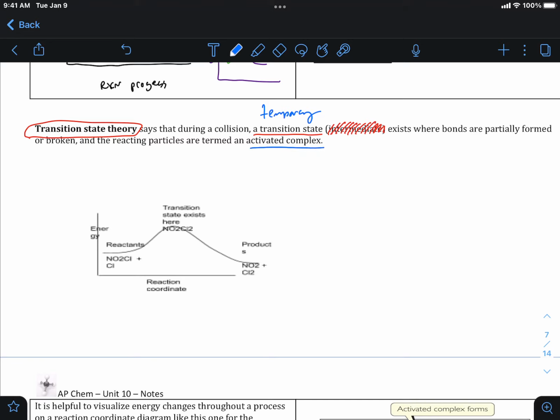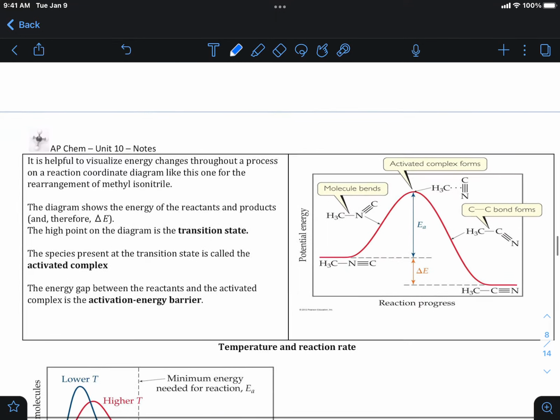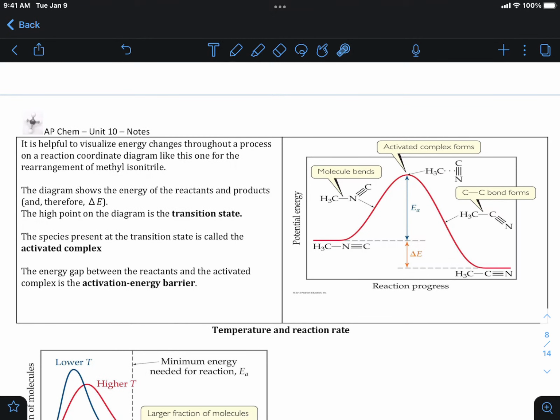Okay? This is a better picture here. So in this reaction, we're actually going to get the nitrogen and the carbon reorganizing itself within the molecule. And the activated complex at the peak of the hill is when your reactant is halfway in between the reactant and the product.